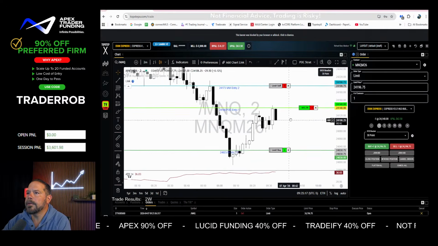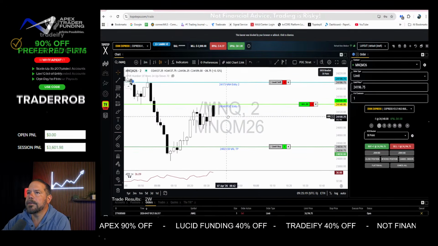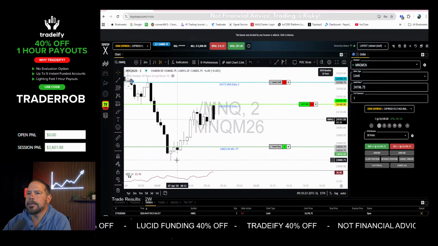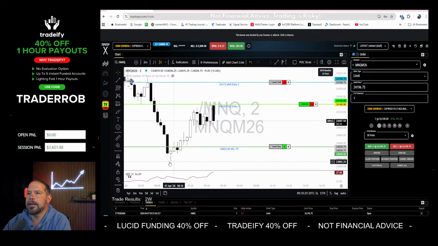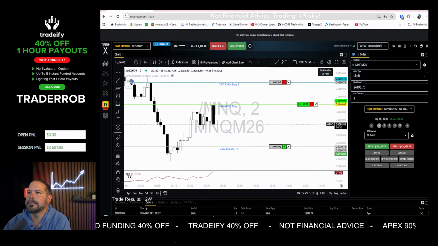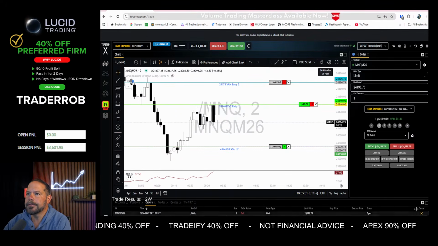Nice thing with this setup is if we were able to take TP here, then we have a nice possible setup on the IB low range down here. So that could be a good 2-for-1er.